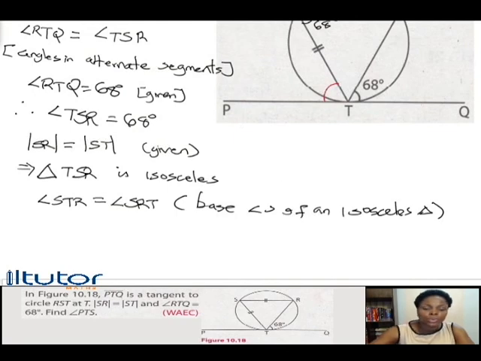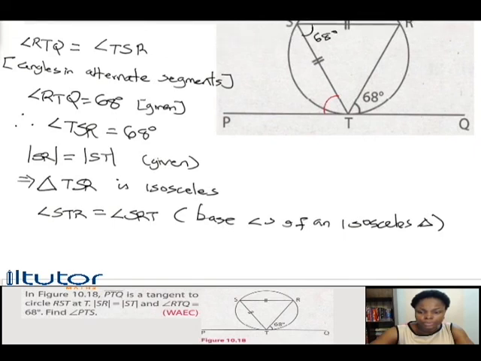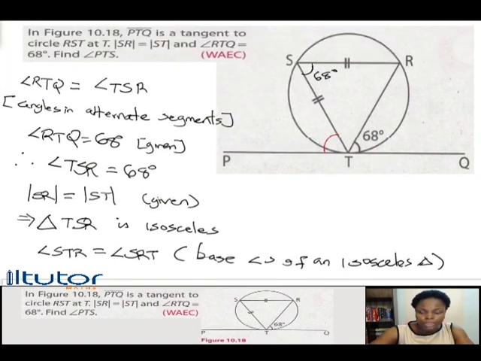All right, so since we have gotten angle TSR to be 68 degrees, it will be very easy for us to get this.